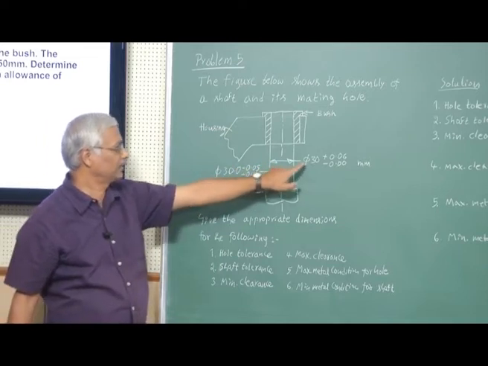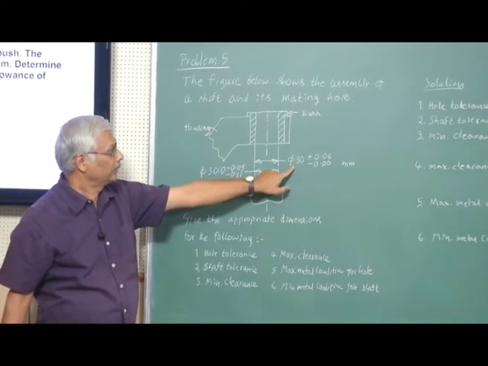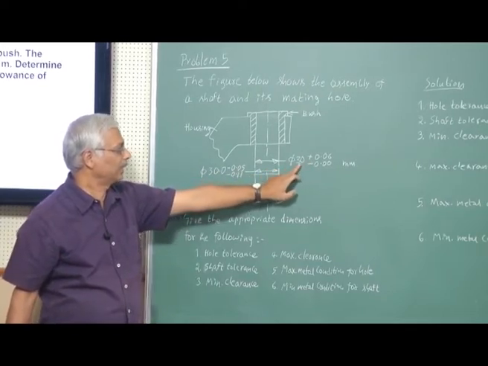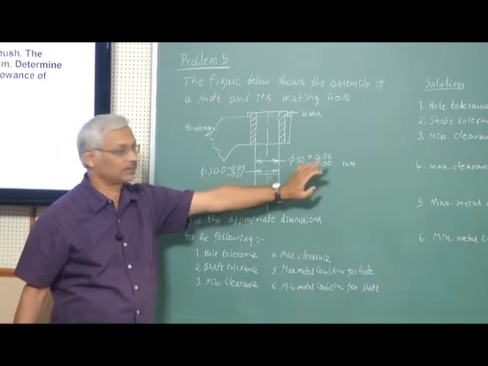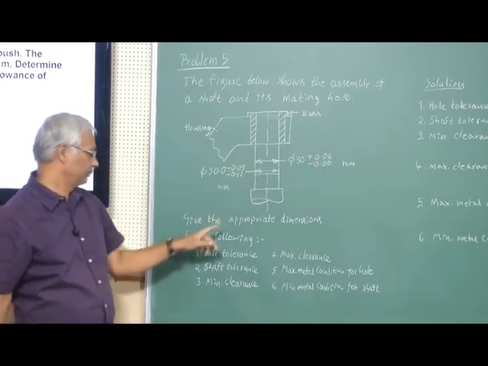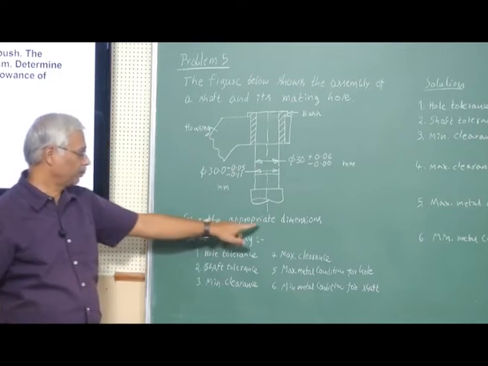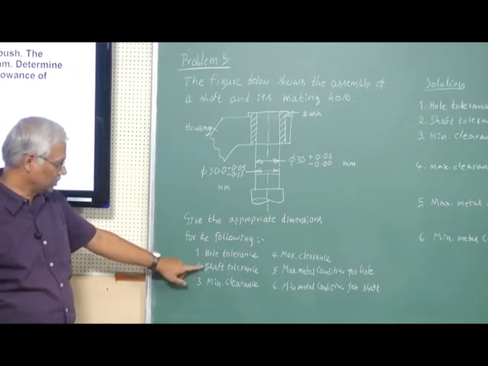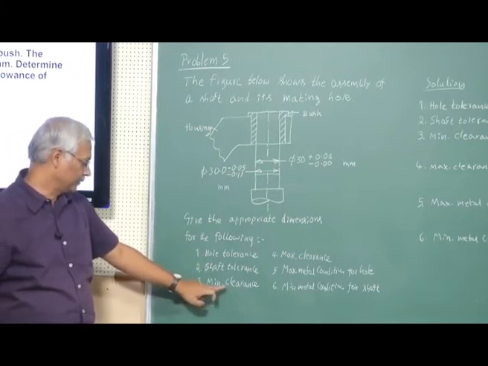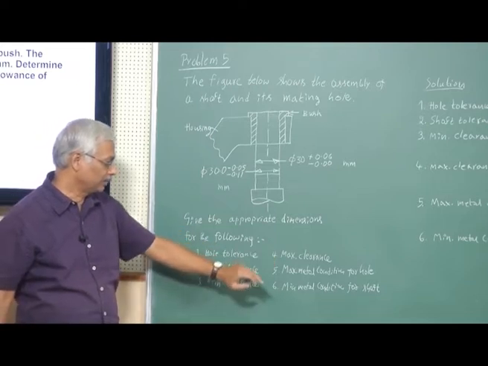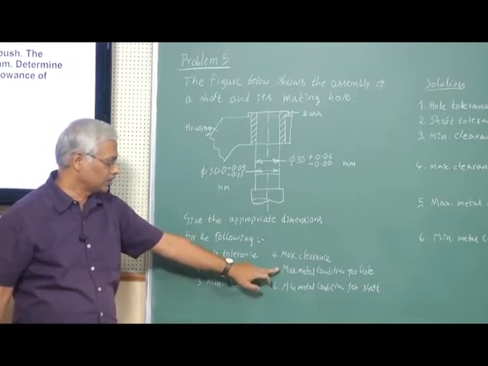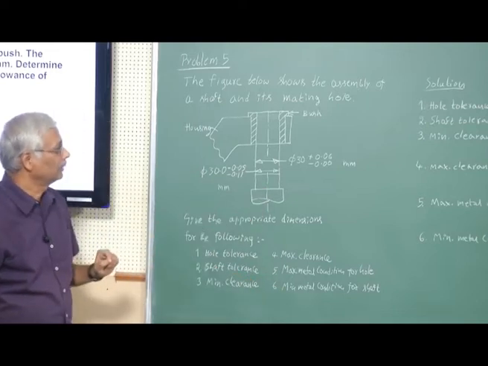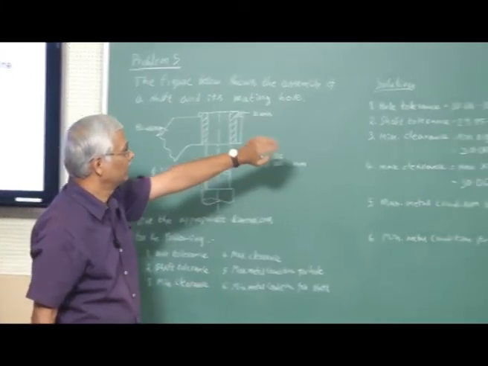The basic size is 30 millimeter and the minimum size of the hole is 30 millimeter and maximum size of the hole is 30.06 millimeter. Now we have to give the appropriate dimensions for the following, that is hole tolerance, shaft tolerance, minimum clearance, maximum metal condition for hole and minimum metal condition for shaft. Now we have the solution here.